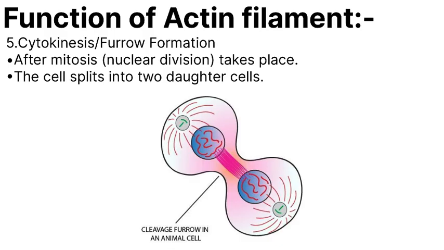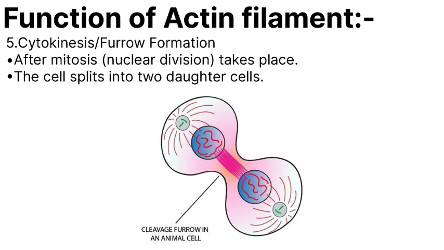Then we have another important function of actin filament, where cytokinesis or the furrow formation of the cell takes place. Cytokinesis is the term which means the final stage of cell division. After mitosis, the nuclear division takes place, where the actin microfilaments and the myosin motor proteins assemble together just beneath the plasma membrane at the cell's equator, where the furrow will form.